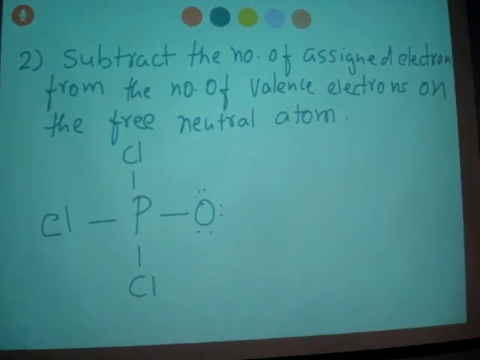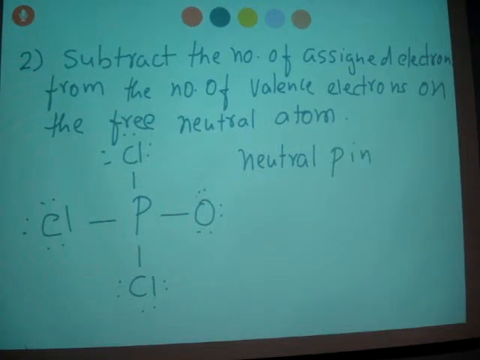What group is it? Group 5. So neutral phosphorus has 5 valence electrons.